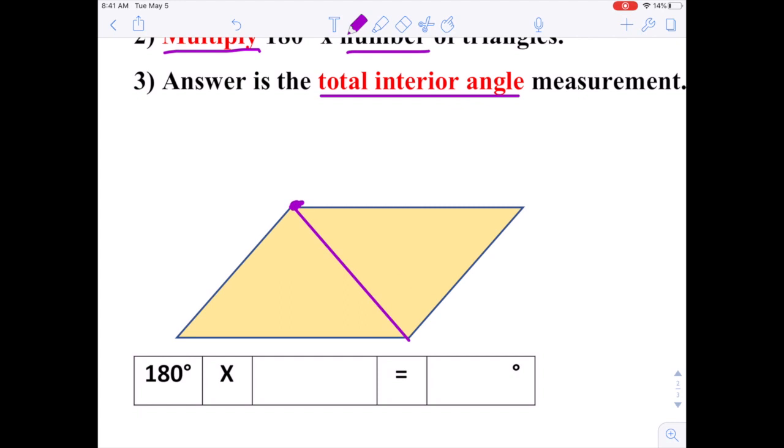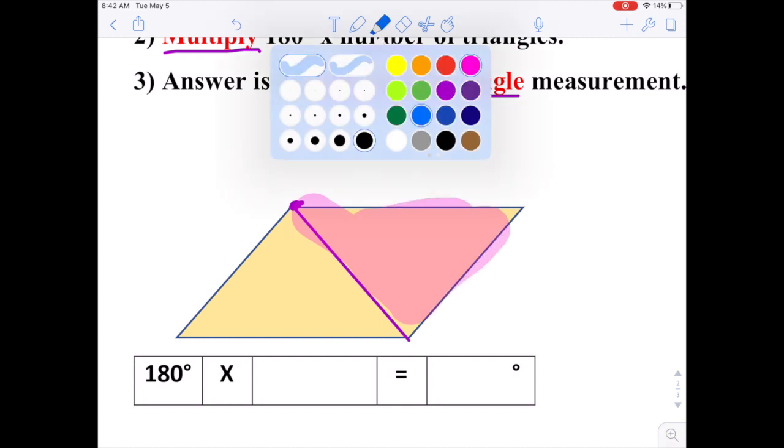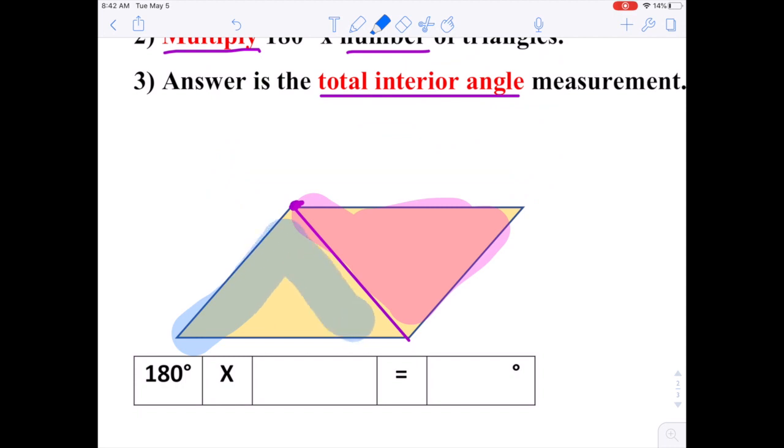If I look right now, I made a triangle on this side and I made a triangle on this side. So with this shape, I could make 2 triangles. They don't have to be equal. We'll look at that coming up.